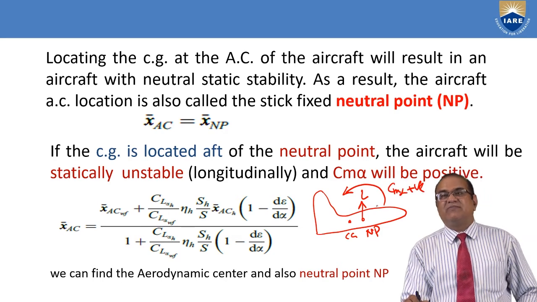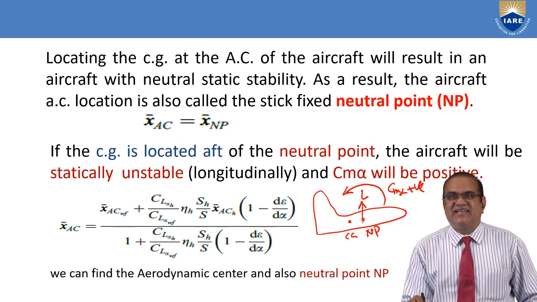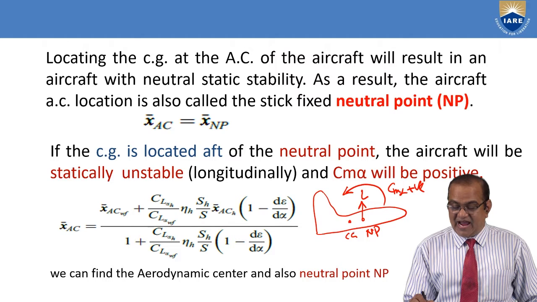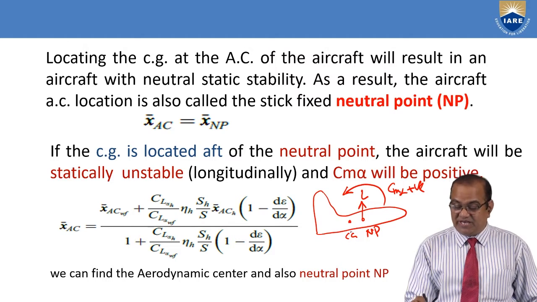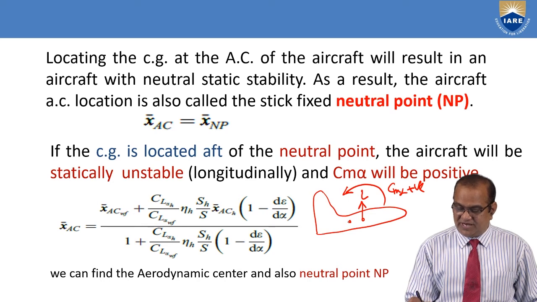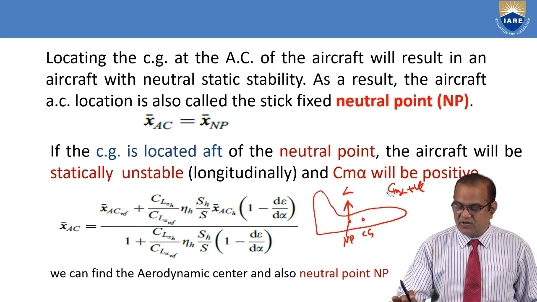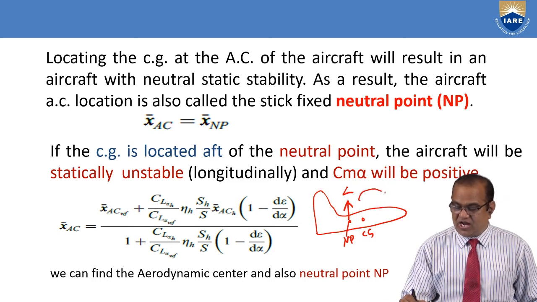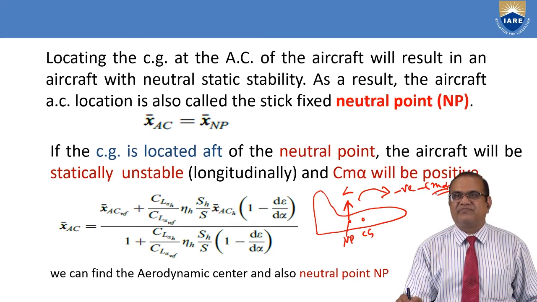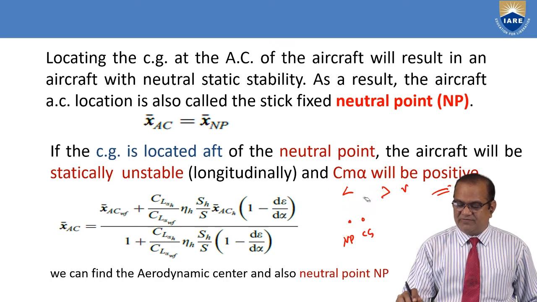If Cm alpha is positive, it is unstable. If the neutral point is behind the CG, lift acts here, the nose goes down, and Cm alpha is negative. In this way we can find the location.